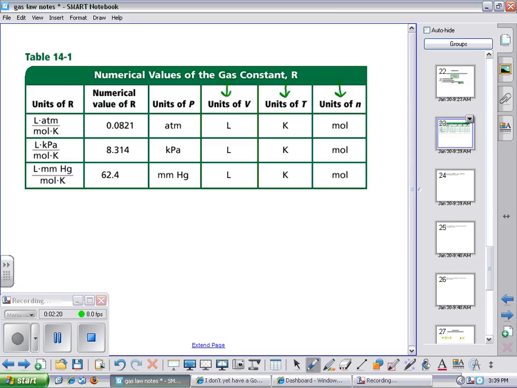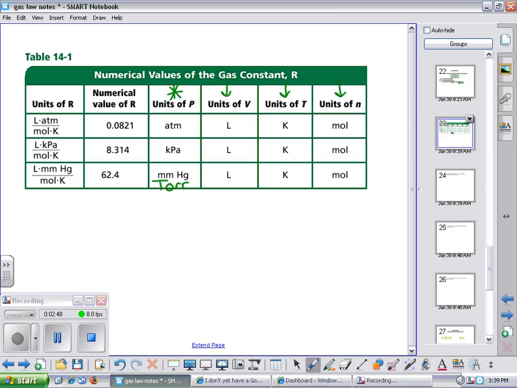But pressure is the only one that you can use a different unit for. You can use atmospheres, kilopascals, millimeters of mercury, and remember, a millimeter of mercury and a torr are the same thing. They're both 760. But depending on what the pressure is, you have a different R value for each one.